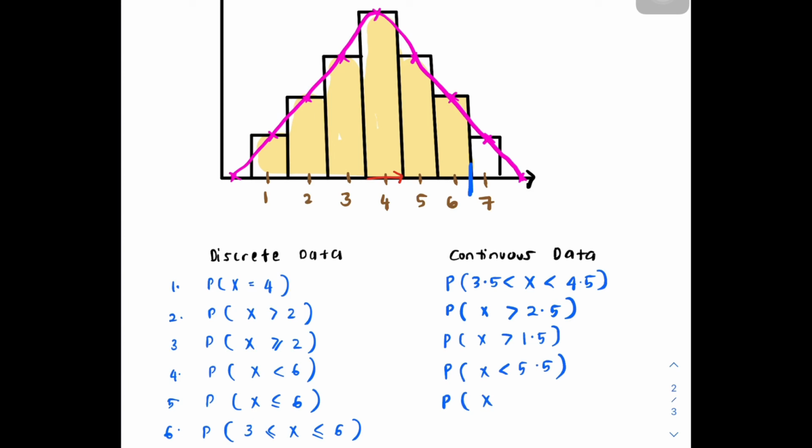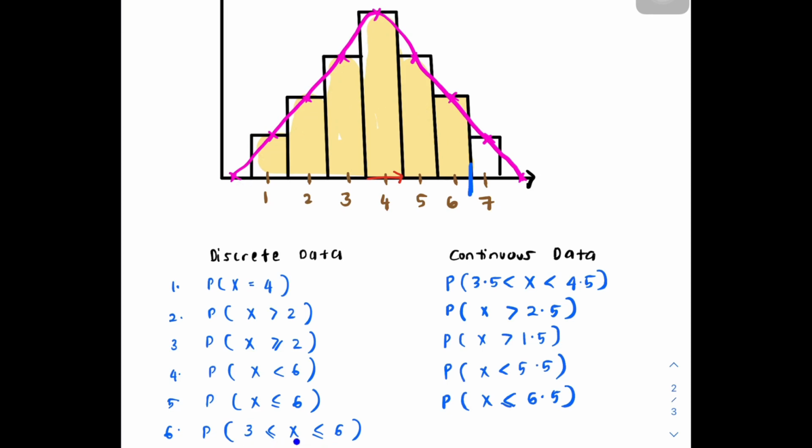So you have the probability of x less than 6.5, so it starts from 6.5 and below. That is the coverage for continuous data. It doesn't matter whether you put the equal sign or not, because the starting value is still here, since you want to find the area under this curve only.